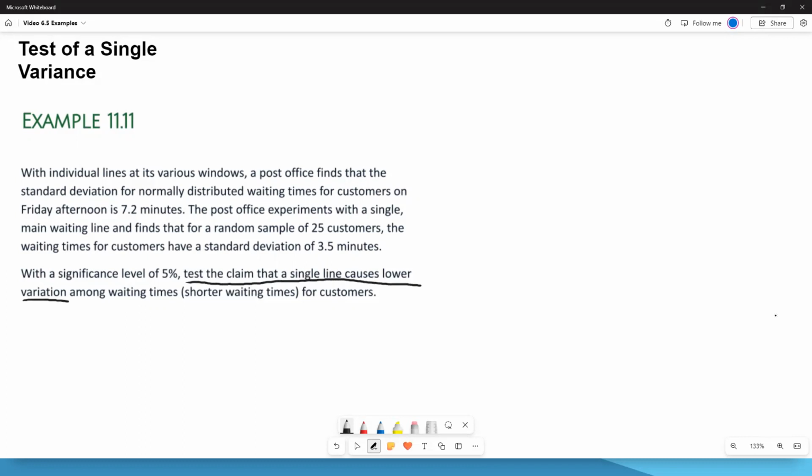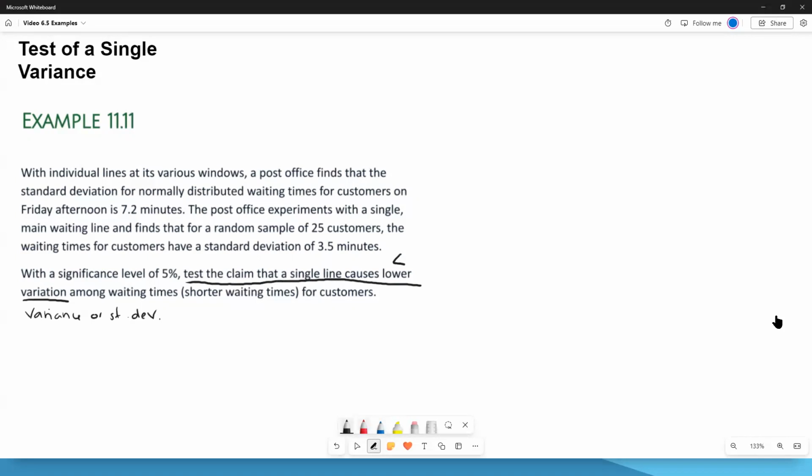So I'm testing a claim about variance. It says variation, they're talking about variance or standard deviation, so I know that I'm using this process we just talked about. The other thing is it says lower, that's a less than.